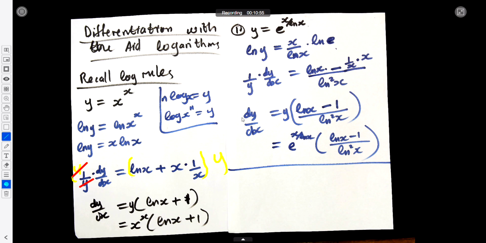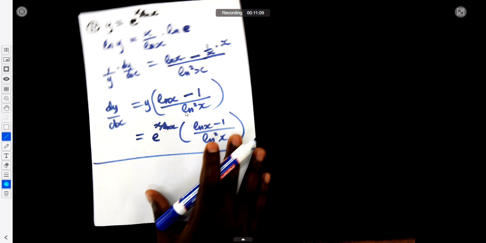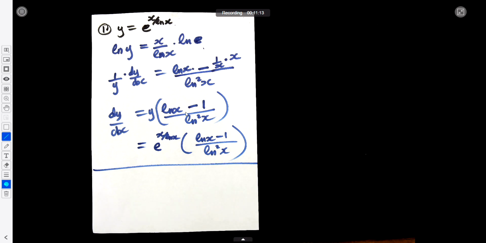So let us look into one that consists of a product, but let me try and take one where we're still having trigonometric functions. Just want to do a mixture.